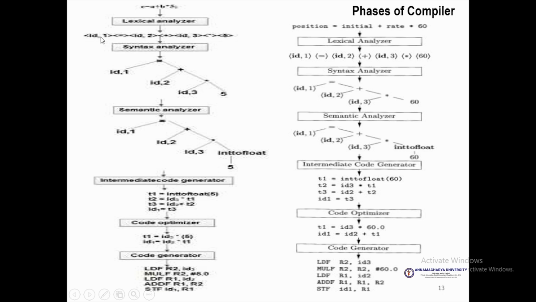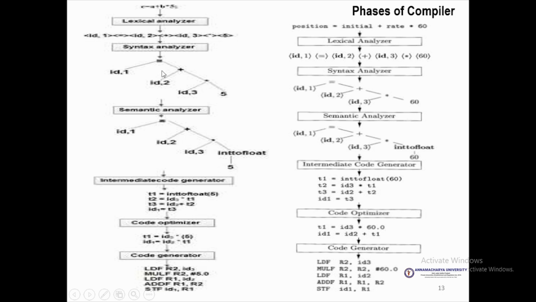C, A, B are considered identifiers, equal, plus, star are considered operators as tokens, and 5 is considered a constant token.